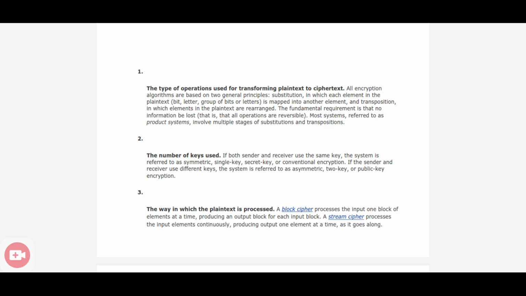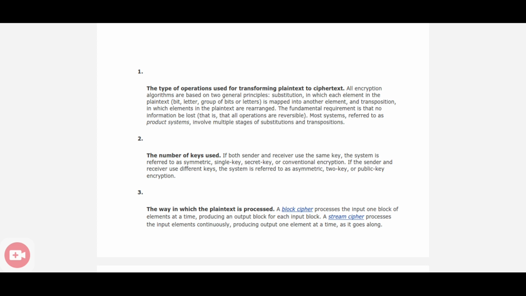First, what are the types of operations that we use for converting the plain text into ciphertext? Mainly two mechanisms are there. One is the substitution method and the other one is the transposition method. Substitution method means we replace a letter by another letter. That is substitution, or we can substitute some letters for others.